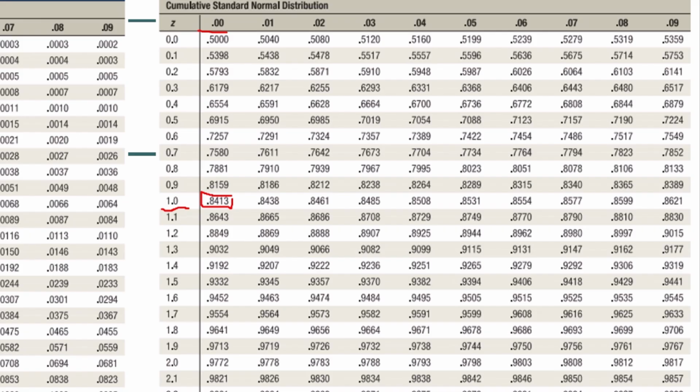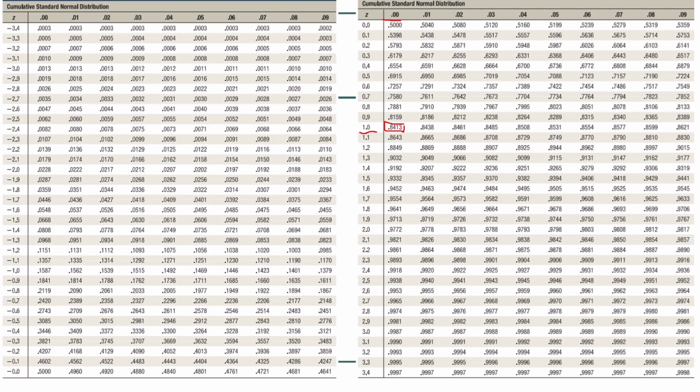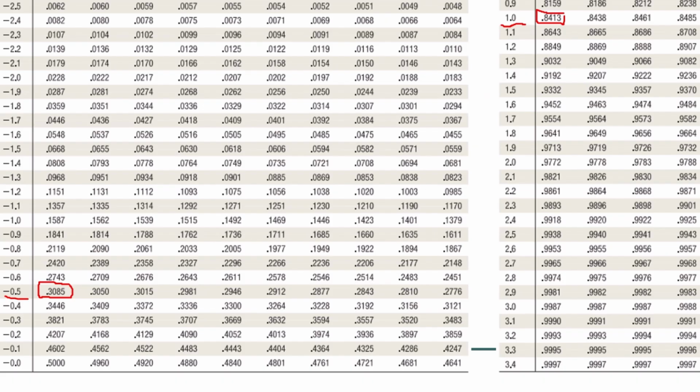This is the negative part of my table, so I'm going to go until I find the minus 0.5. And what is the second decimal of minus 0.5? It's the 0 again. So that column with that row has that probability, which is 0.3085. So these two are my two areas, and I'm going to subtract the smaller one from the bigger one to get the area in between my minus 0.5 and the 1.